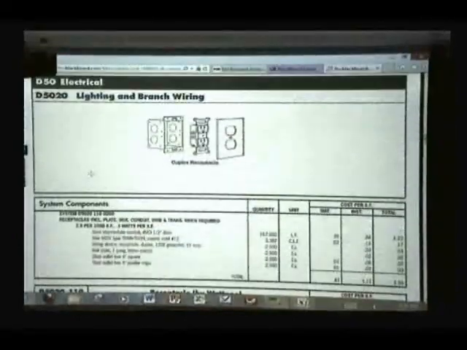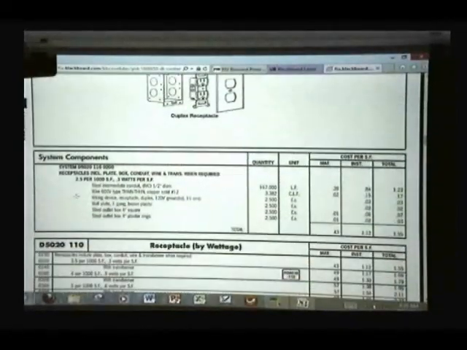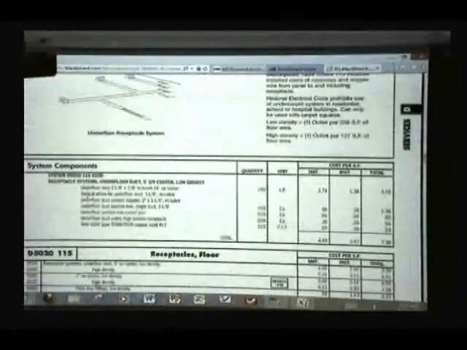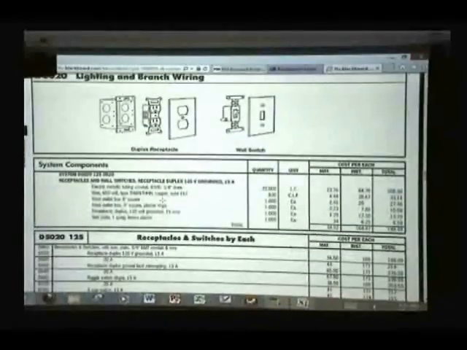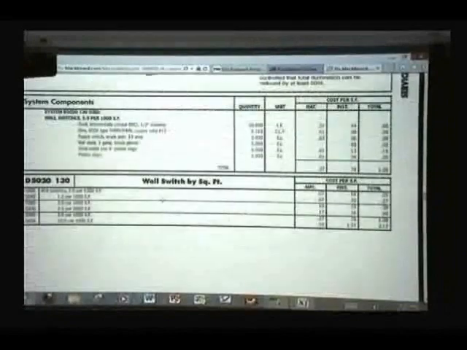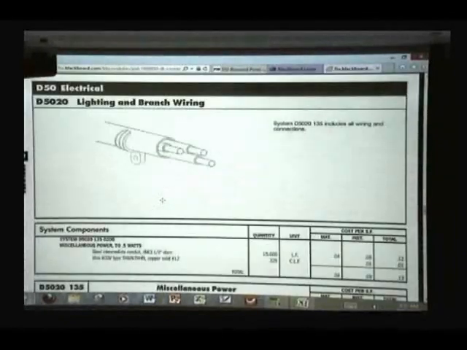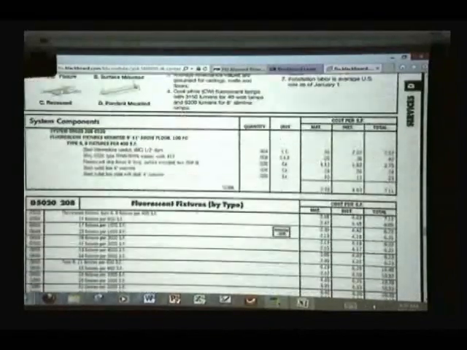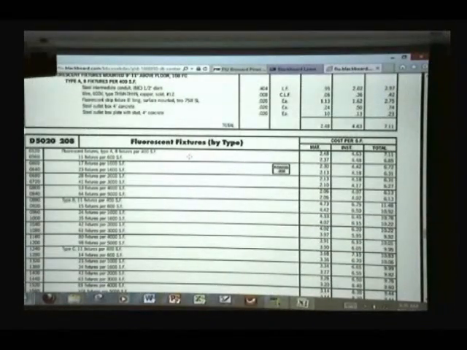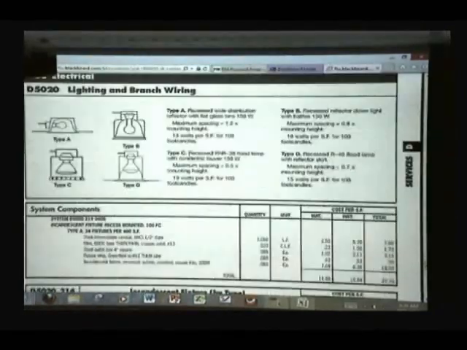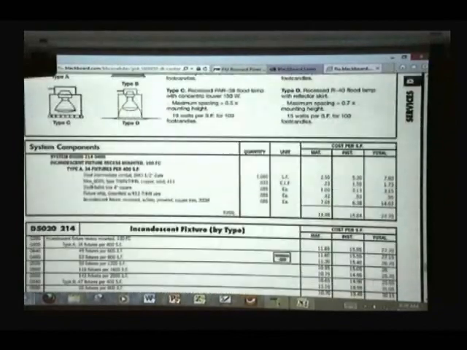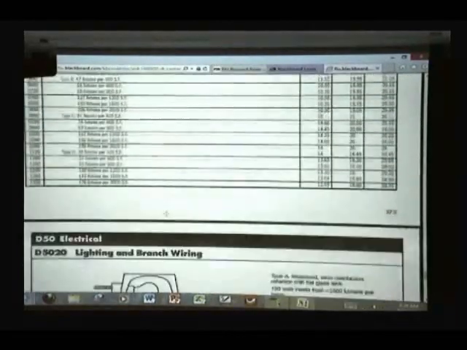So this is the receptacles area, and then we have receptacles and switches. Then we have wall switches. And here comes the lighting. So you have fluorescent lighting, different types, incandescent lighting.